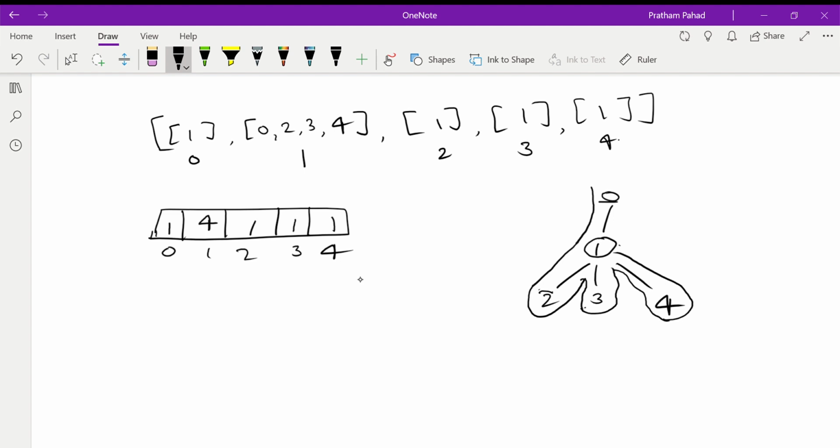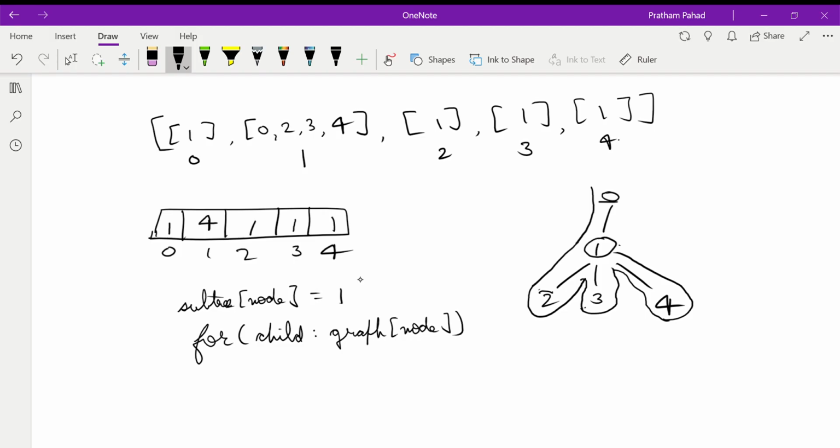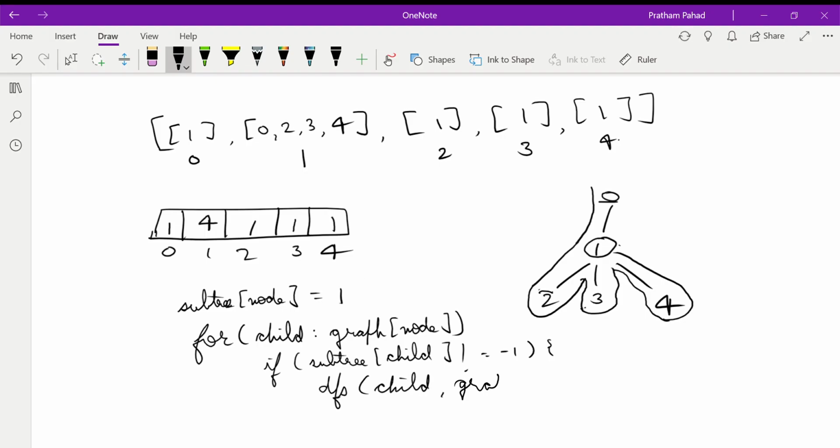Okay, I hope this DFS was clear. Firstly, subtree of node will be equal to 1. Now you will iterate in the array for child in graph of node. Check if subtree of child is not equal to -1, then call the DFS of child, with graph and subtree.